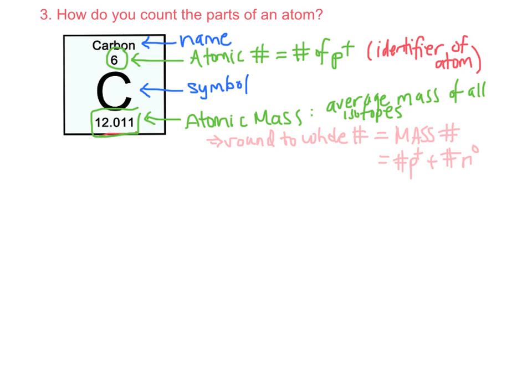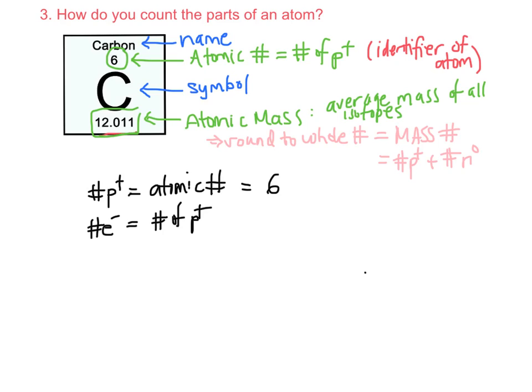So let's count the parts. In a carbon atom, the number of protons is going to be equal to the atomic number, which happens to be 6 for carbon. The number of electrons in a neutral carbon atom, and we're going to assume all atoms are neutral at this point, is going to be equal to the number of protons. Therefore, in a carbon atom, it's equal to 6.